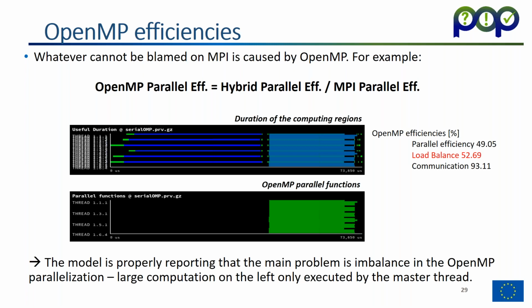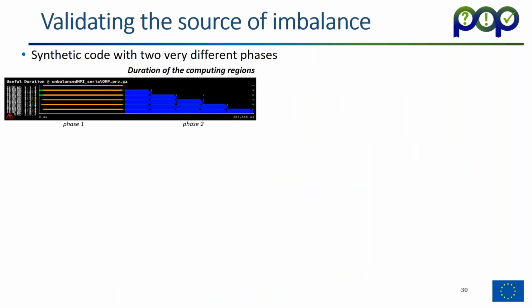And this is the way this model is reports the imbalance generated by non-parallelized OpenMP regions. Basically, it's reporting that the master threads have much more time working than the slaves because of that phase that wasn't parallelized.